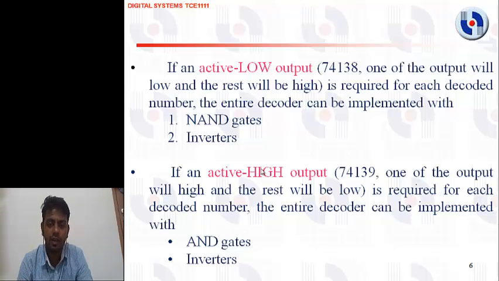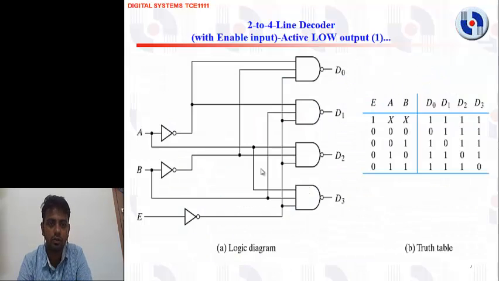Likewise, some applications need active high outputs. Active high means one of the outputs will be high and the rest are low. At these conditions, we require AND gates and inverters. By using these two devices only, we can develop our own decoder.